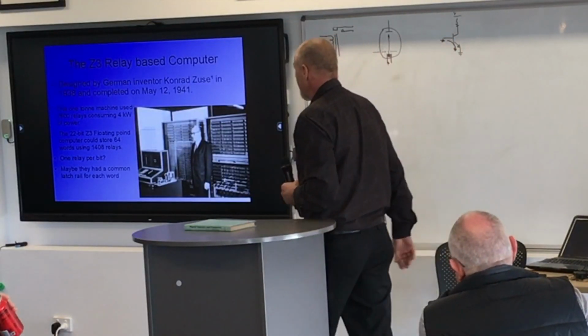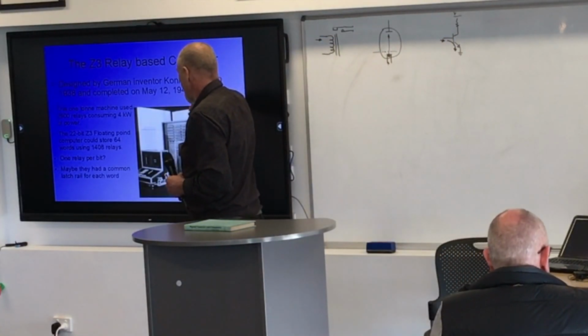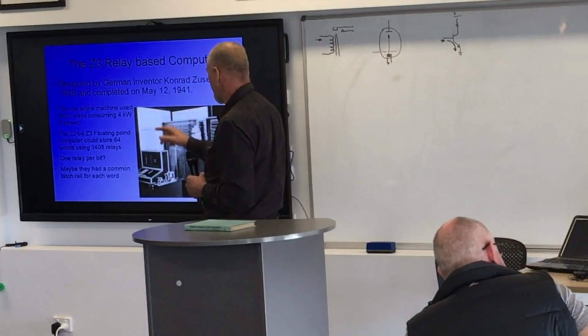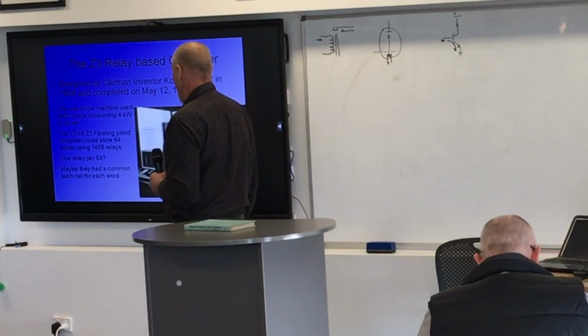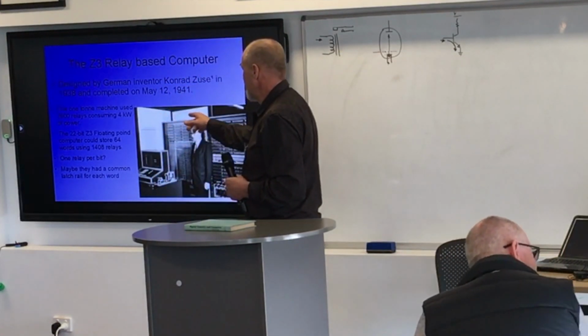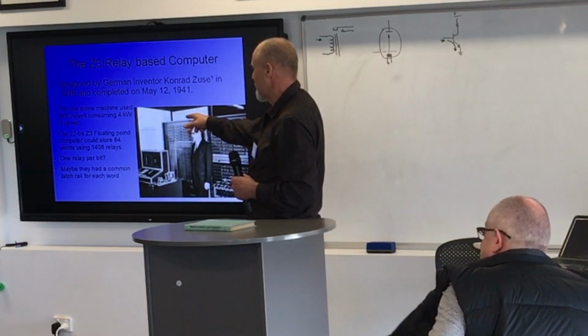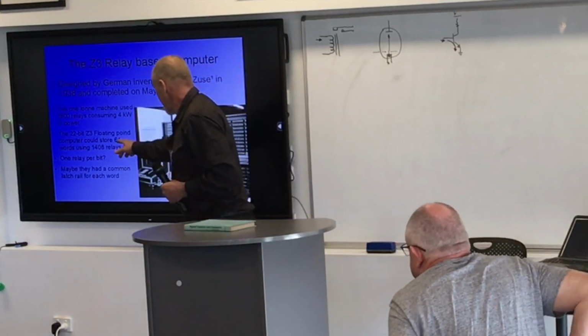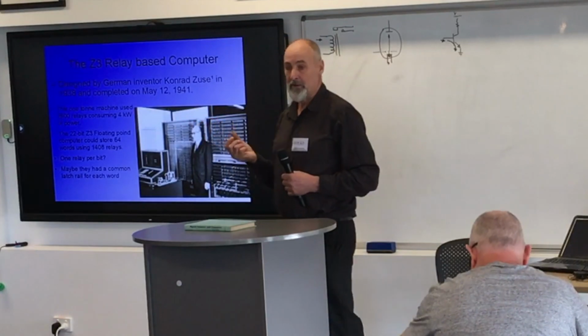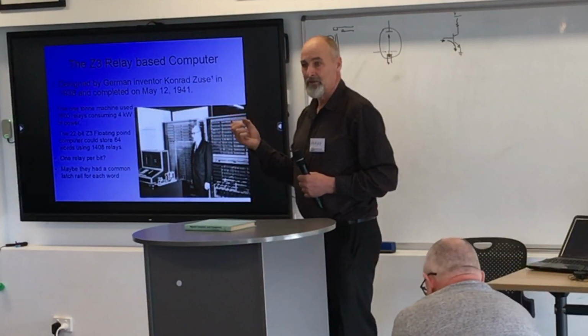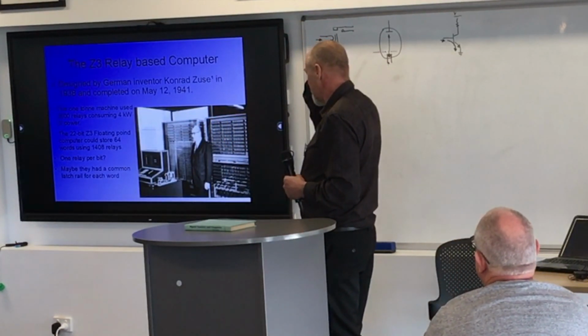So Conrad Zuse in 41 completed his Z3 computer, and there's a spelling mistake. Could store 64 words using 1048 relays. And if you divide that by 64, you get 22 bits, which means there's one relay per memory cell. I couldn't work out how they did that.